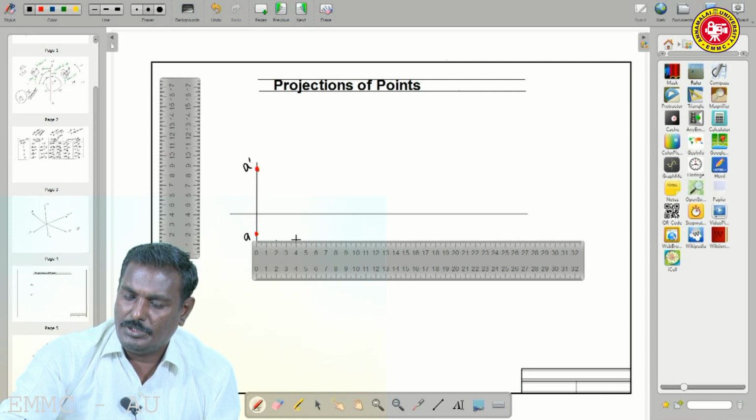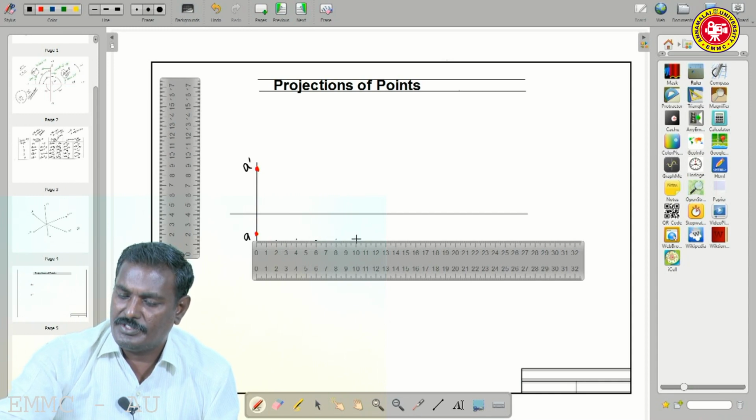Then the other 20 mm, you have to measure by use of the mini drafter scale.